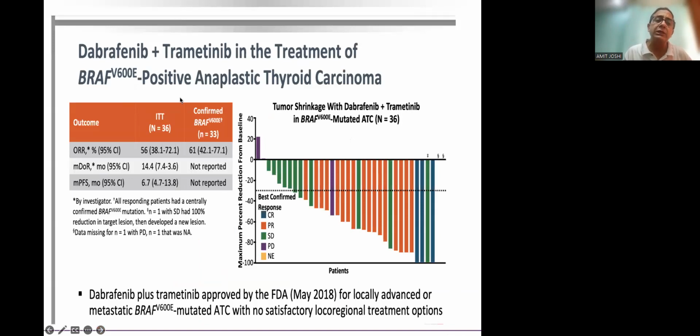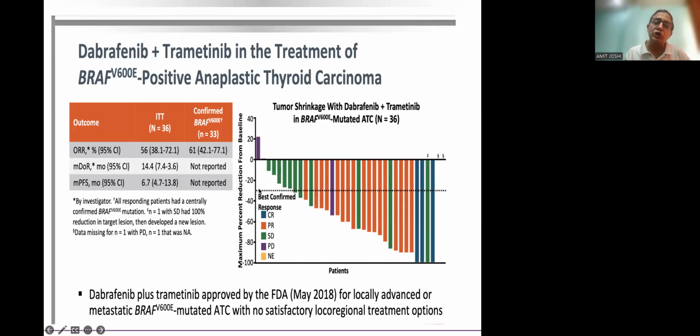The drugs used in this BRAF V600 group are dabrafenib and trametinib. It's a combination of these two drugs that has shown benefit in blocking this pathway. Fortunately, this combination is available in our country. This is a waterfall plot showing the response to this drug in a BRAF mutated tumor, with the percentage of tumor shrinkage.